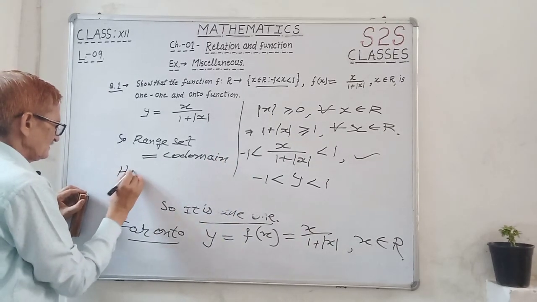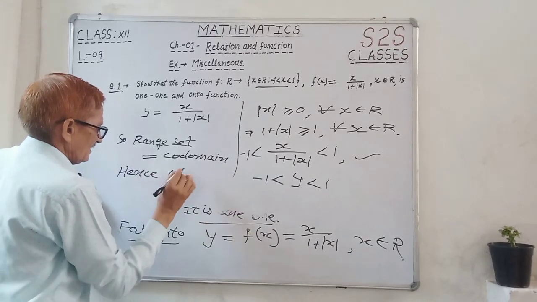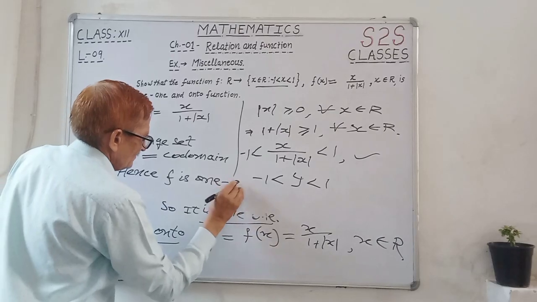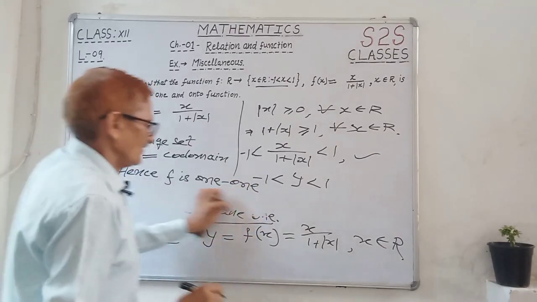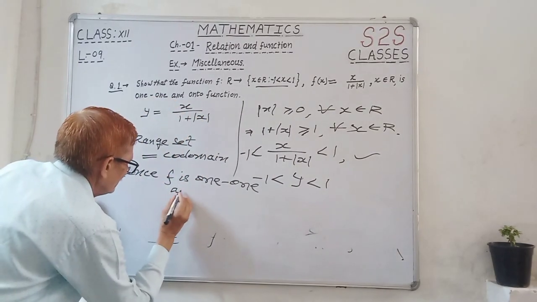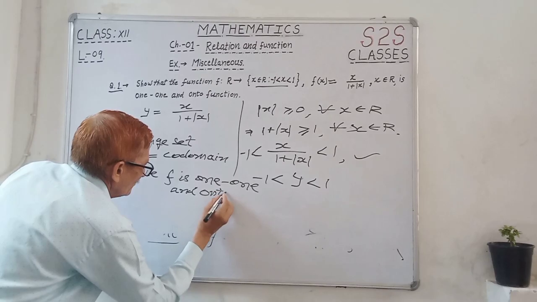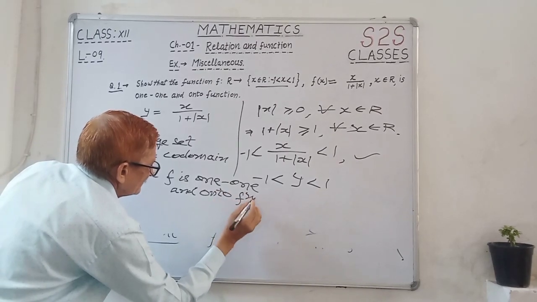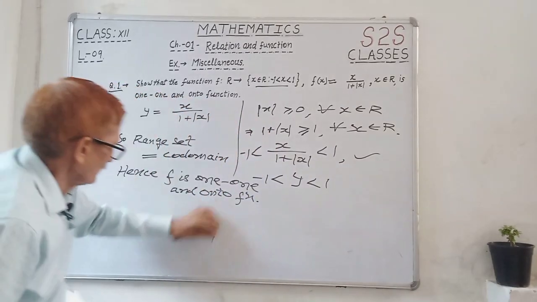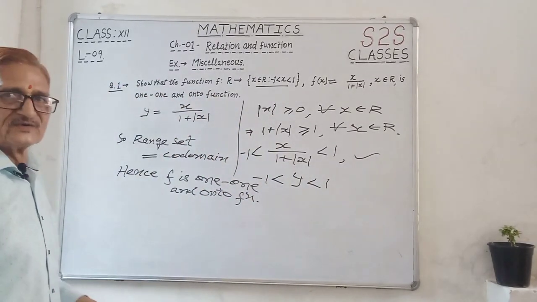Hence f is one-one and onto function. So hence proved, which we had to prove: one-one and onto.